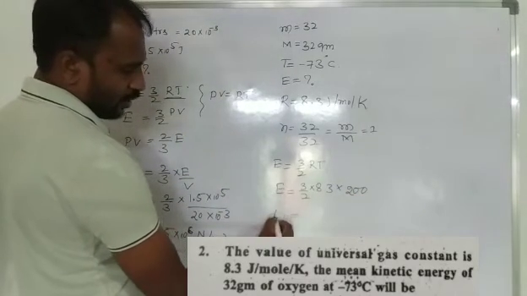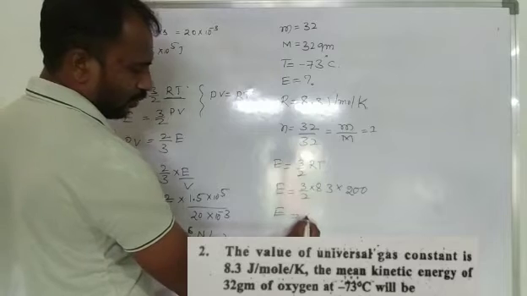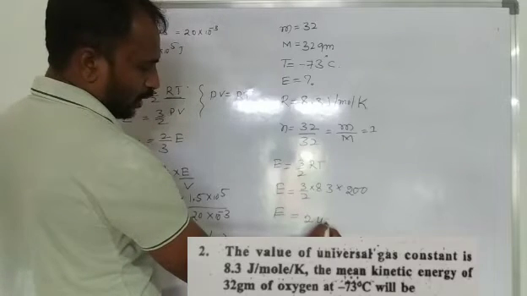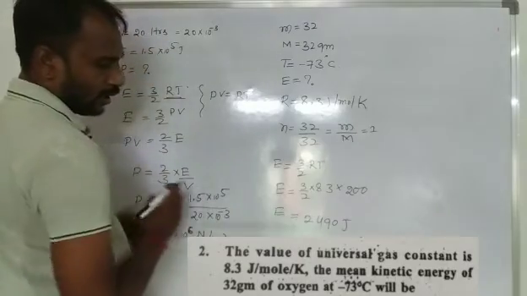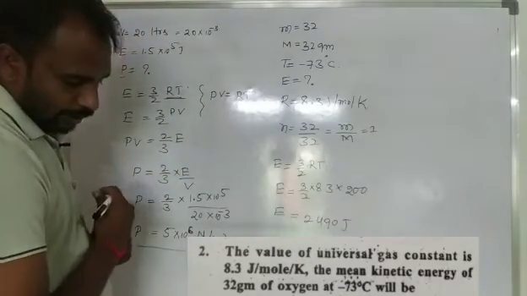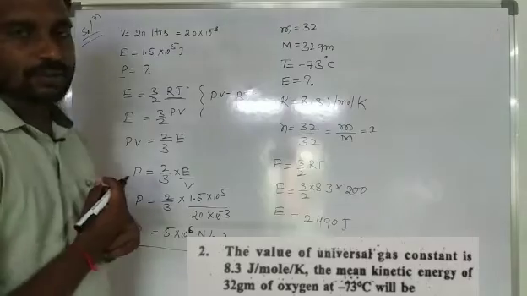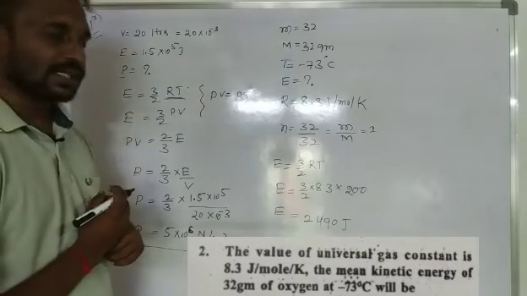After simplification, we get energy is equal to 2490 joule. So 2490 joules means option C is the correct one.